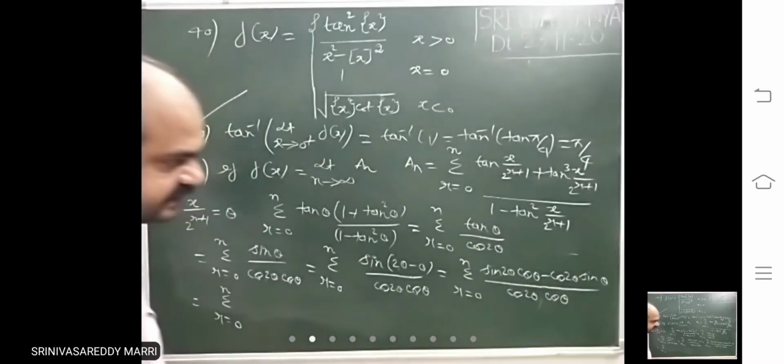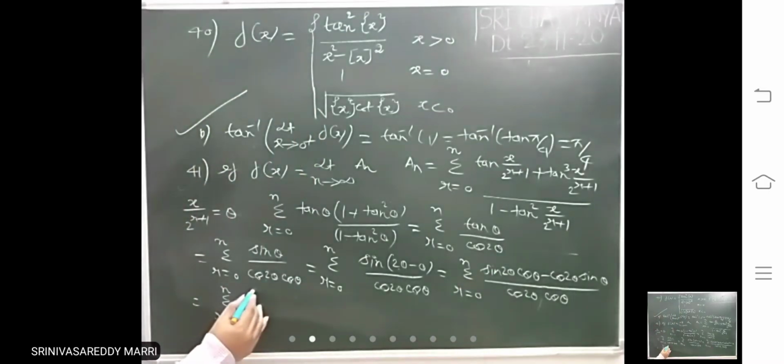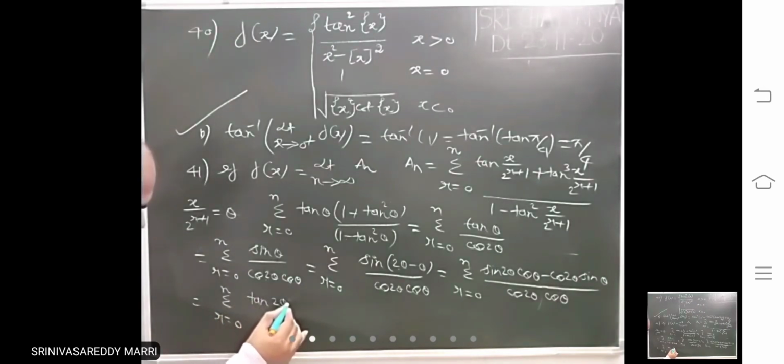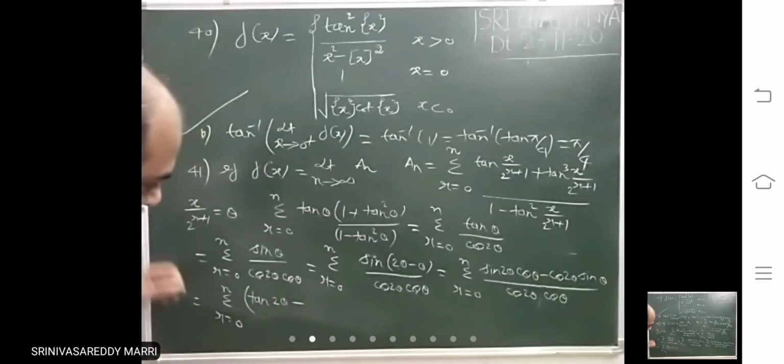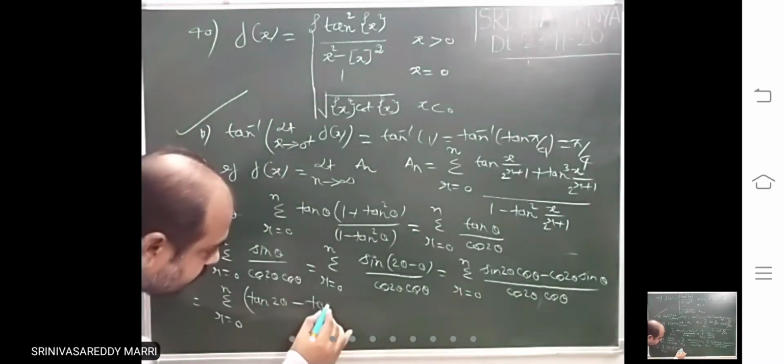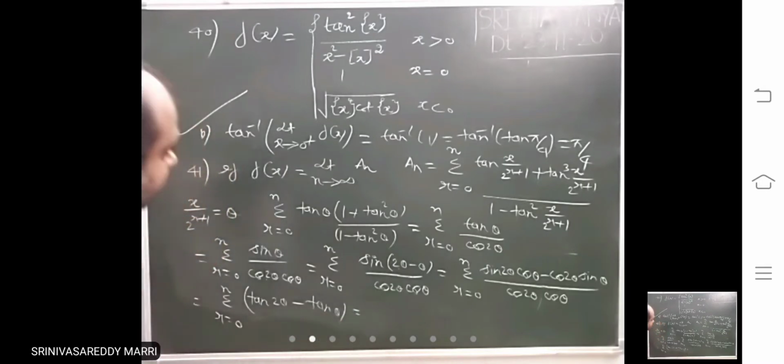This divided by this, cos theta gets cancelled, gives tan 2 theta, minus this by this, which is tan theta. Now I am substituting back what I had taken as theta.